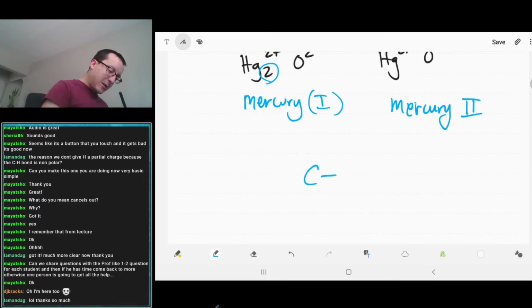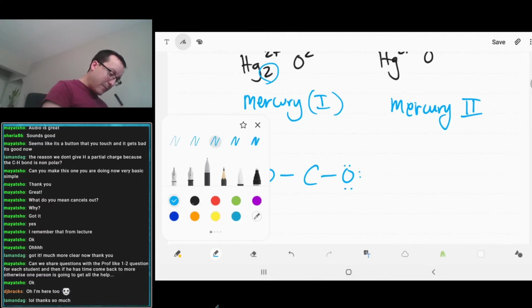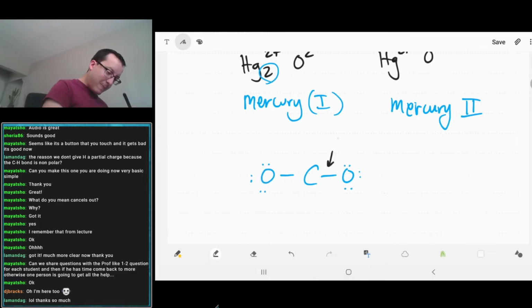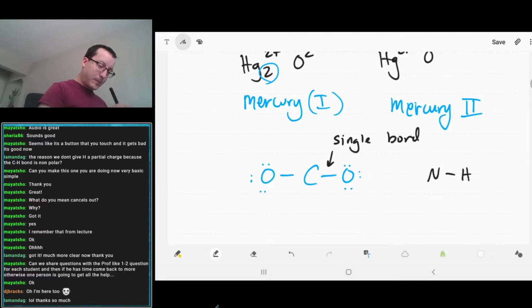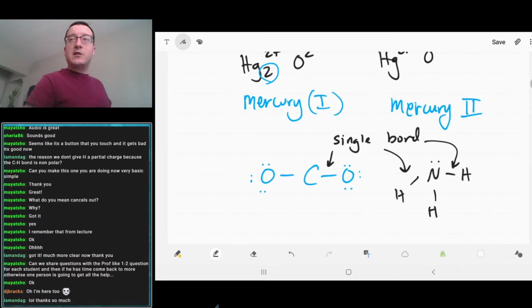So a single bond, like this is technically a single bond here. We also have single bonds all over the place. Like, all of these are single bonds. So a single bond is just one shared pair of electrons. And so it just tells you how many electrons are being shared.